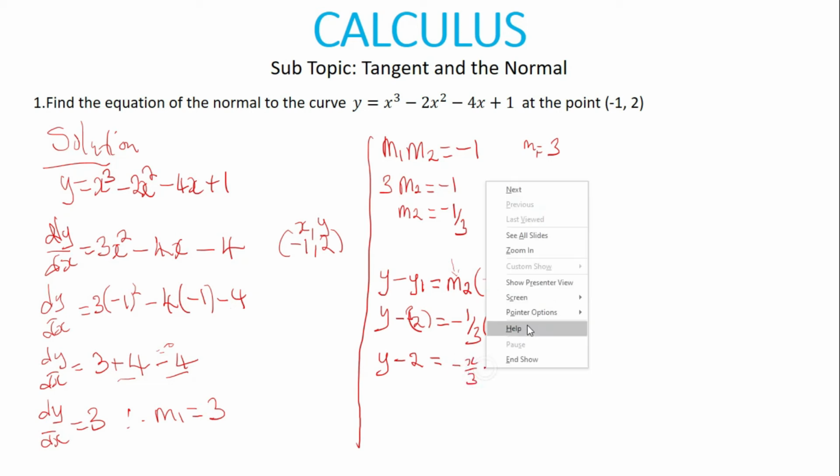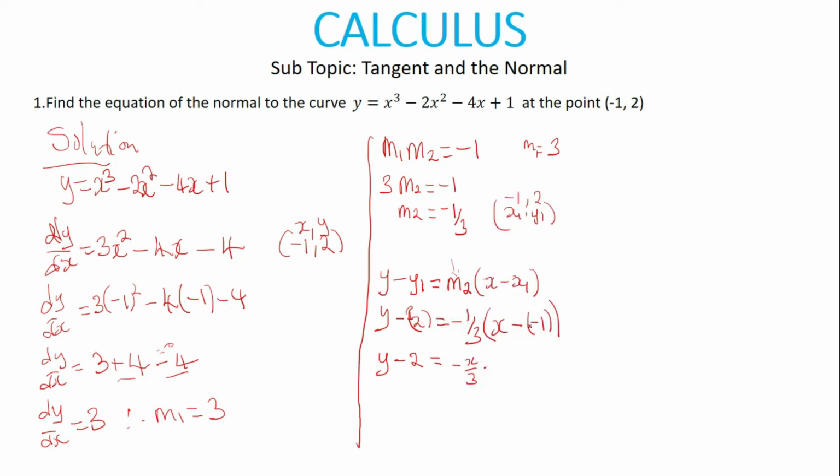Then we're going to have plus here, so this times that is going to be minus 1 over 3. Then here you can multiply with 3 throughout the equation just to remove the denominator. So we're going to have 3y minus 6 is equals to negative x minus 1.